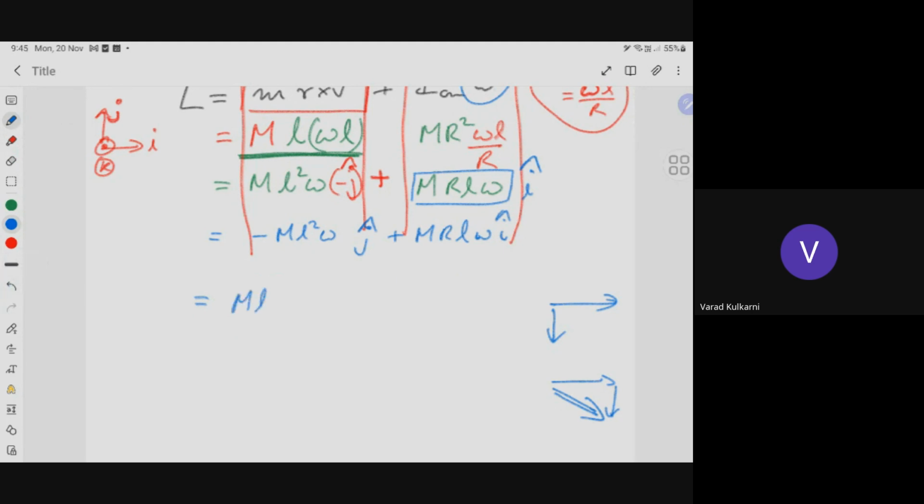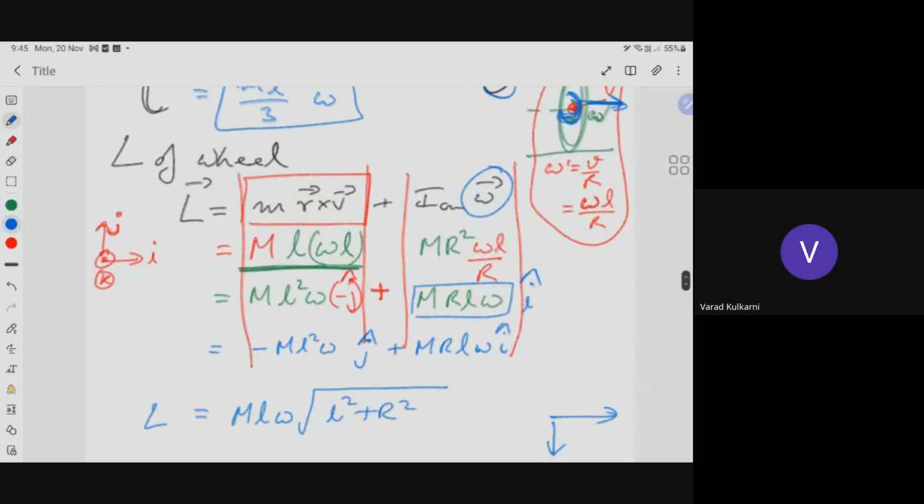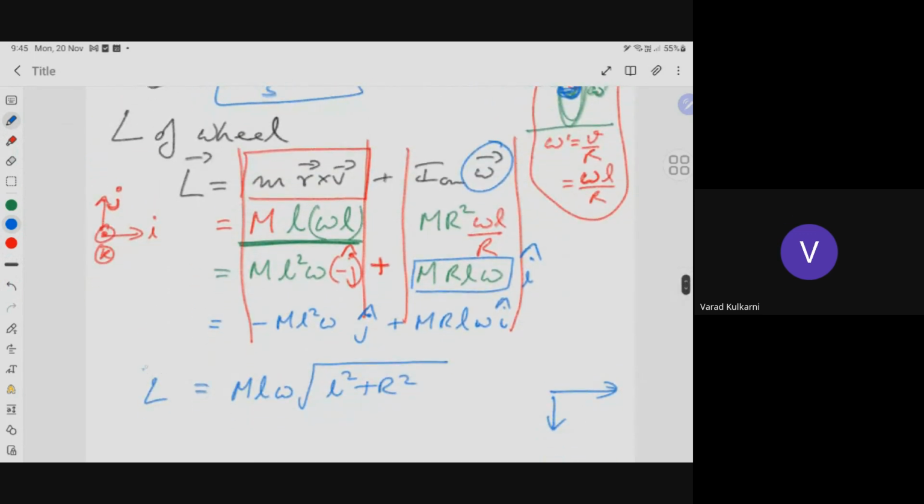M is common, L is common, omega is common, under root of L square plus R square. That's the value of L only for the wheel.